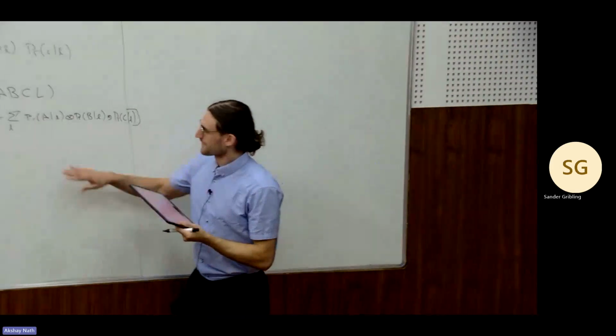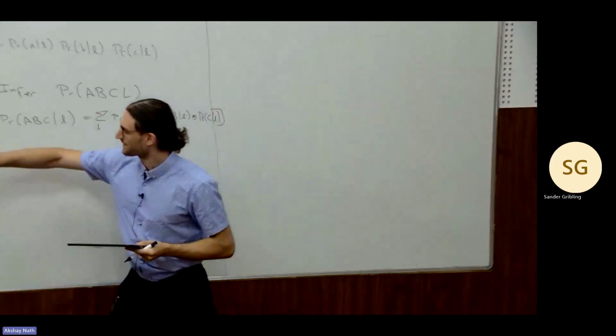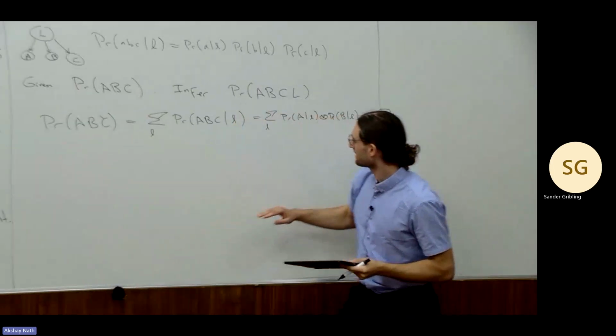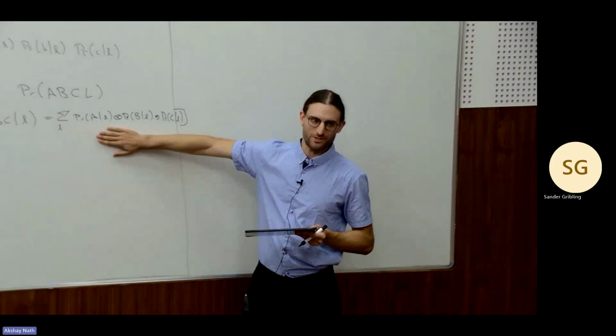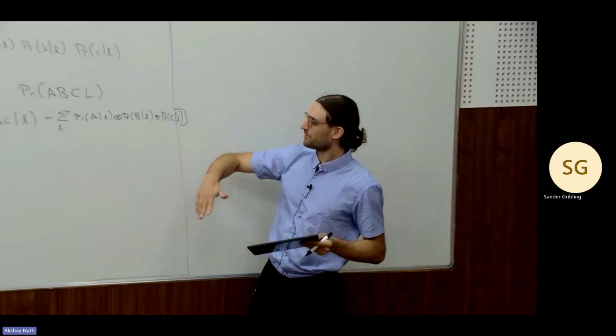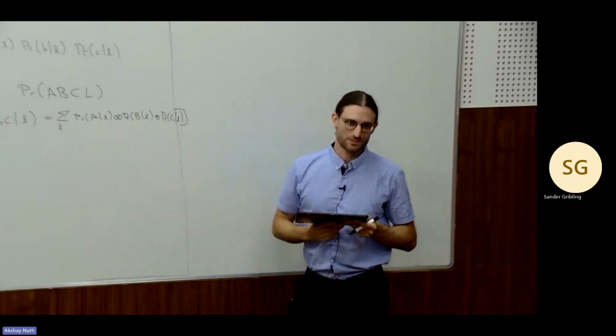So by finding tensor decompositions of this, this corresponds to a choice of latent random variable. For each choice of latent random variable, you have a choice of decomposition.